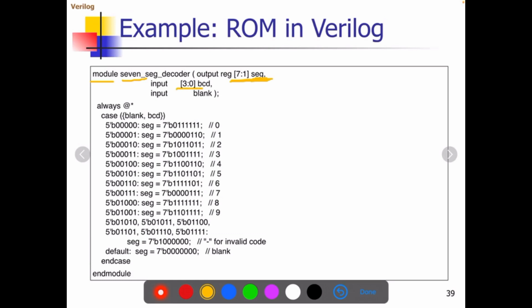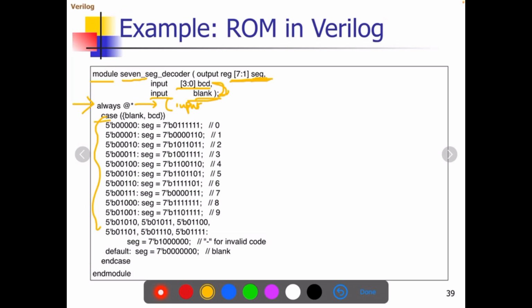BCD is a 4-bit input, 3 down to 0, and blank is a 1-bit input. Now we start the behavioral way of programming with an always block. Always is a procedural block. Always @(*) brings all the inputs into the sensitivity list, so that when any of our inputs changes, it affects the corresponding output.